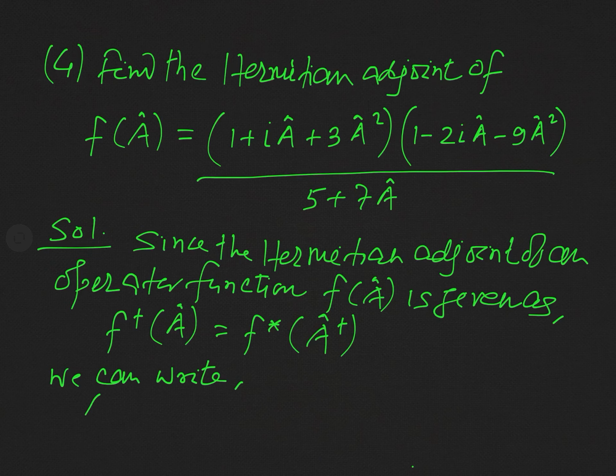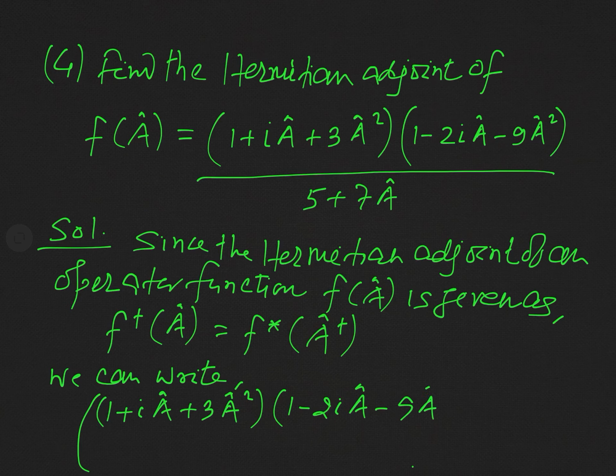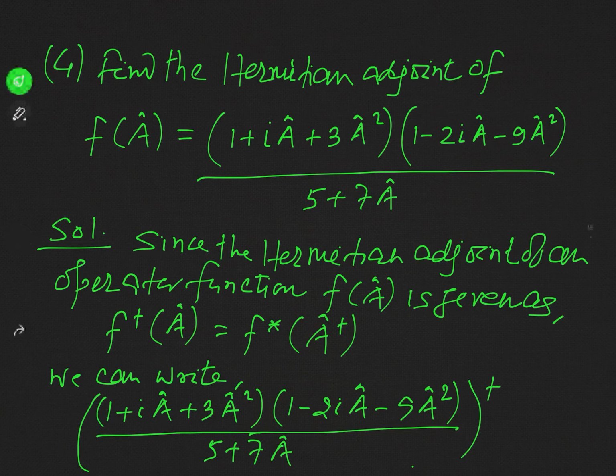So we will write it as (1 plus i A hat plus 3 A hat square) times (1 minus 2i A hat minus 9 A hat square) over (5 plus 7 A hat) dagger, and this will be equal to what?